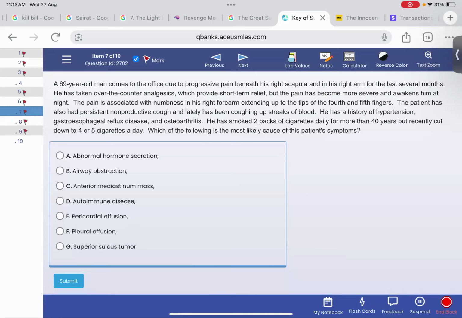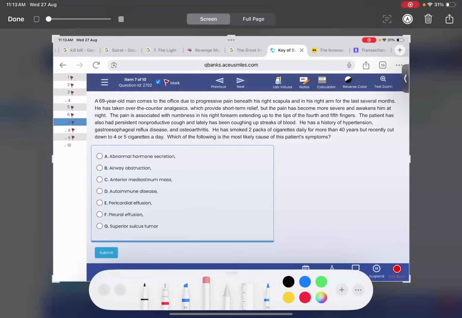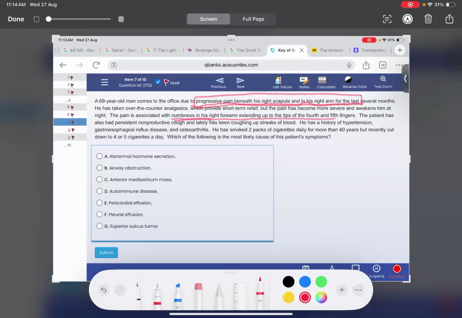So, basically, what's going on over here? You have to see progressive pain in the right scapula and arm. Is a myasthenic syndrome going on? Let's discuss it. The numbness in the right arm extends to the tips of the fourth and fifth fingers.